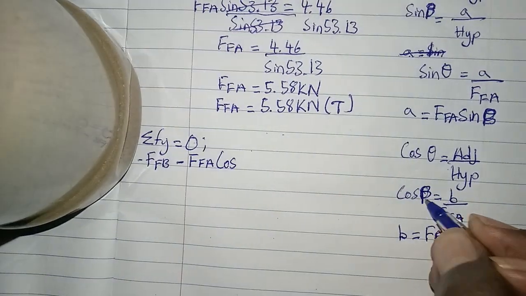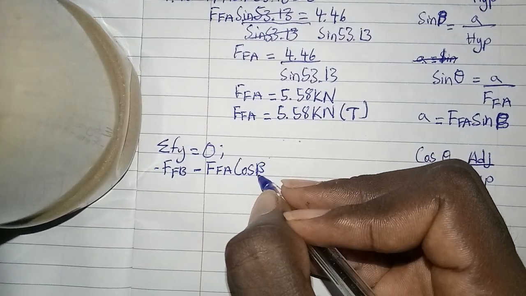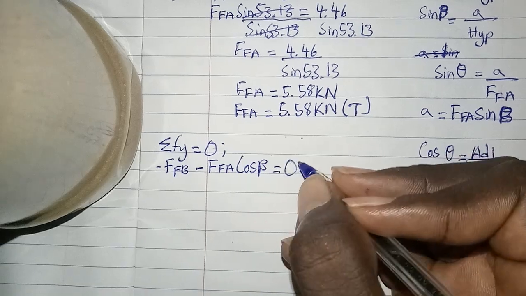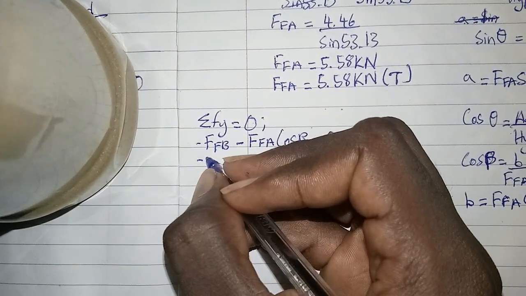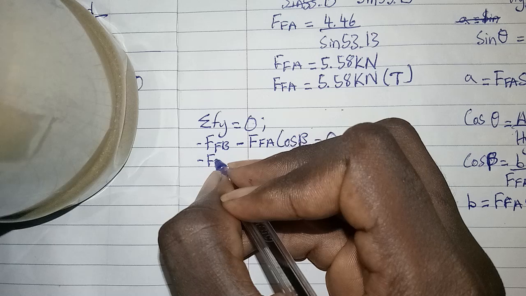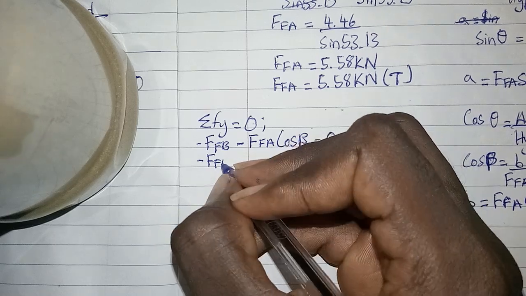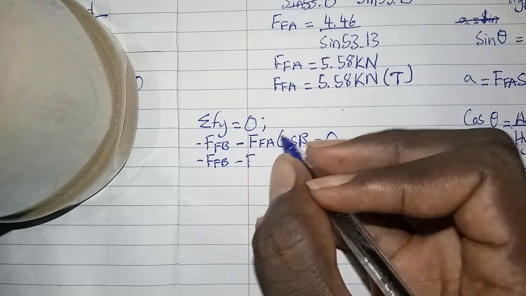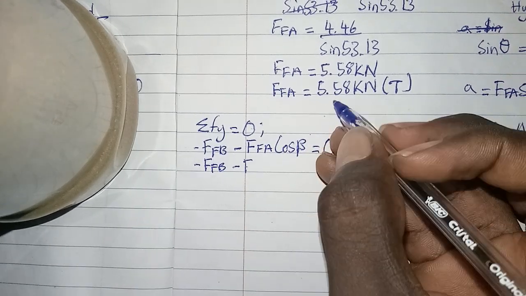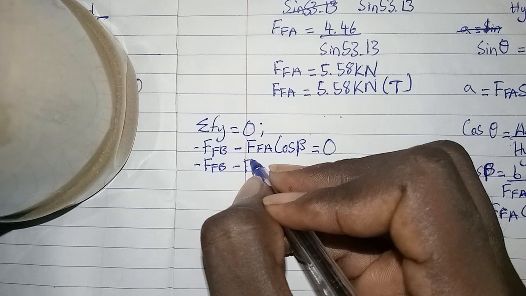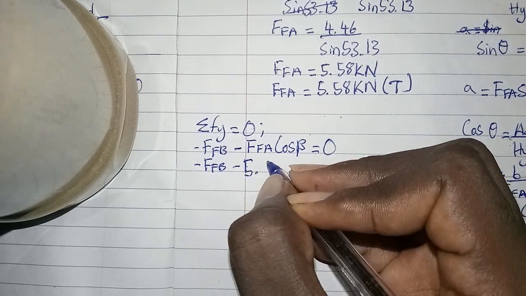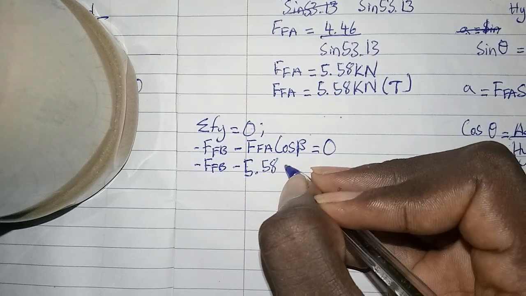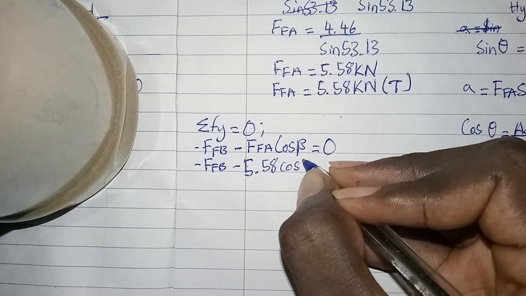So negative FB minus FA cos beta equals 0. We know FA to be 5.58, so 5.58 cos beta.